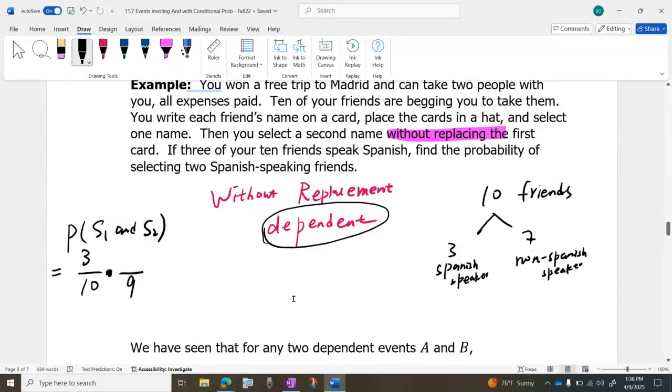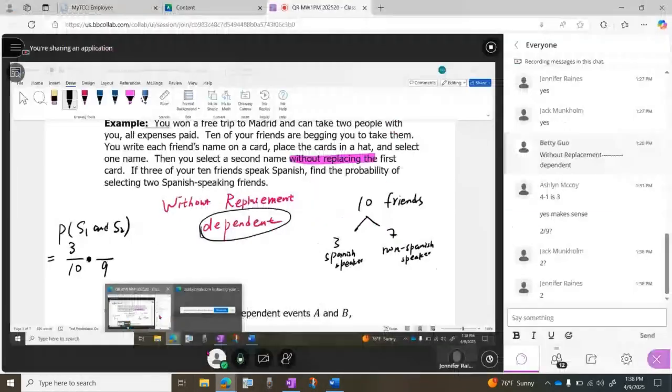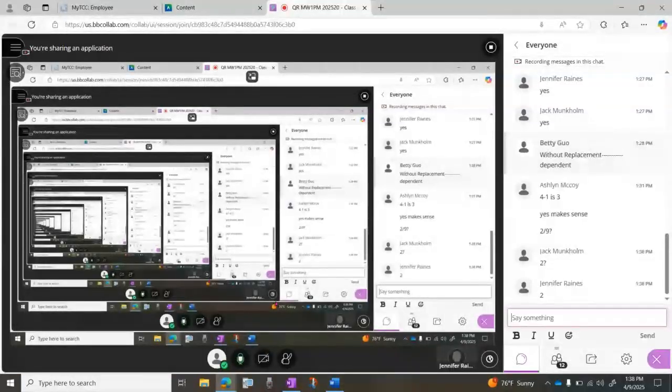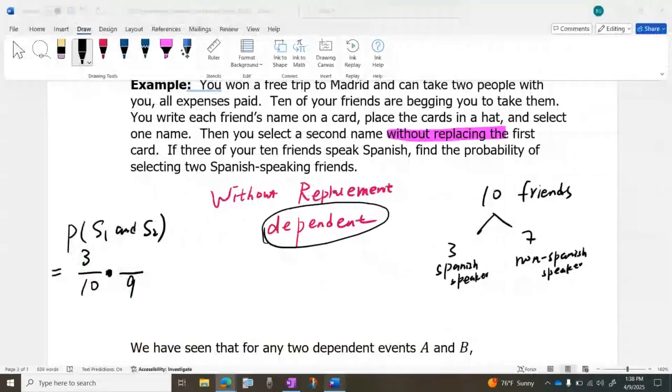And how many Spanish speakers are in those 9 cards? Take your time. 2. Awesome. Yes, it is 2. Thank you, Jack. Thank you, Jennifer. Very good. Only 2 left. There we go. That's it.